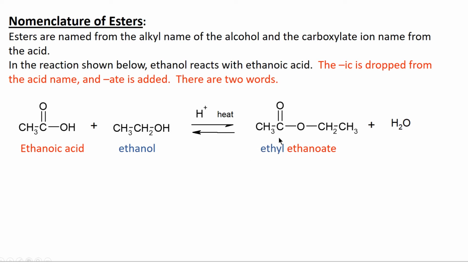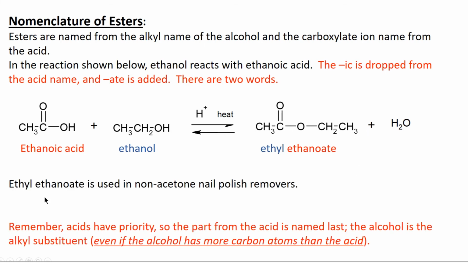This is the portion that names the alcohol. Ethanol was the alcohol used to form this ester, so that's the ethyl. So here's the ethyl portion. I should actually include this oxygen. That's the ethyl portion.